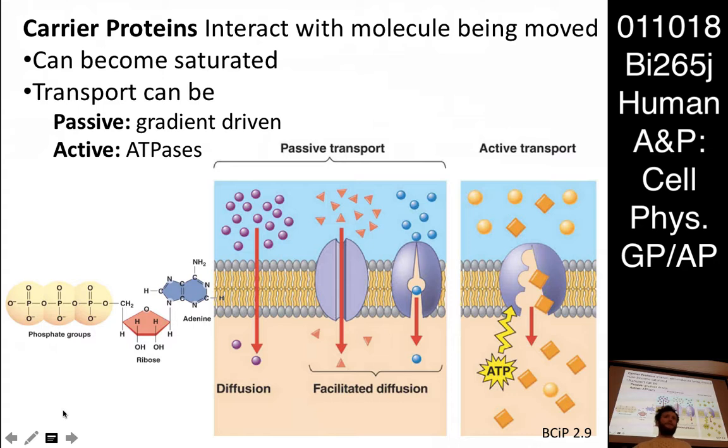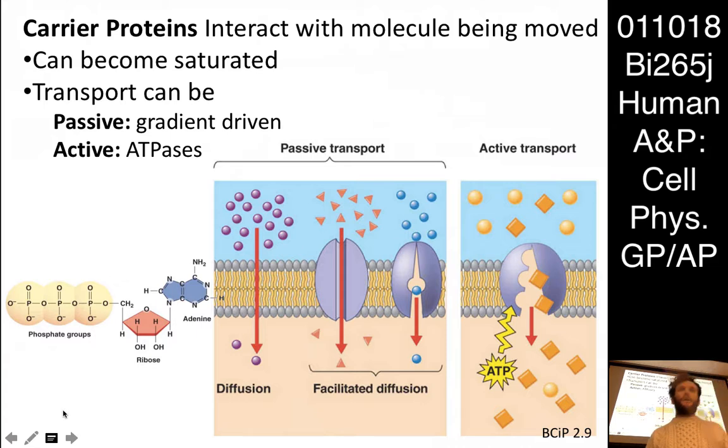And to get in, somebody's swiping your card or taking your ticket or whatever, and the rate at which people can go in is limited by how fast the ticket taker or the card swiper can handle you, right? They are saturated. There's only a certain speed at which they can allow people to pass in, all right? So they're saturatable. Carrier proteins are saturatable. There may be way more solutes that want to come in than that carrier protein can handle. And if that's the case, it's been saturated.